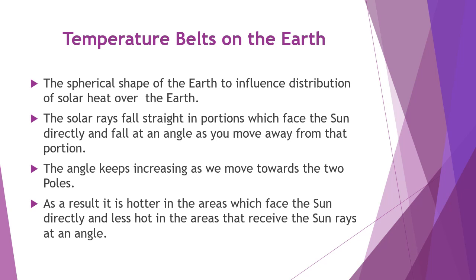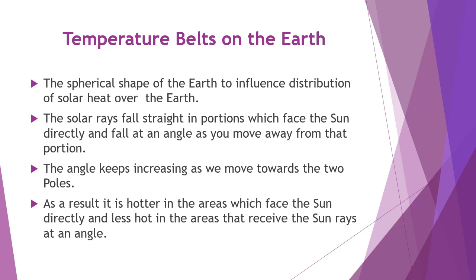Suppose you are moving towards the north or maybe south, it creates an angle, you know that. But where the rays fall straight, there we get more temperature. So the angle keeps increasing as we move towards the two poles.